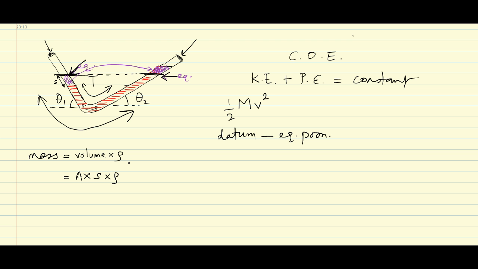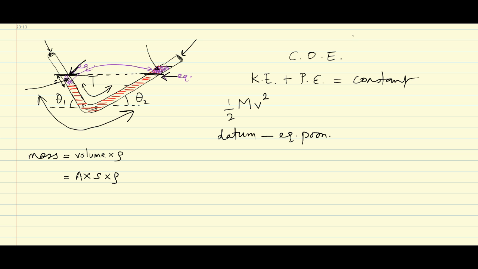So A multiplied by S multiplied by rho is the mass of this particular volume of liquid, and it must necessarily be equal to the mass of this particular liquid also.